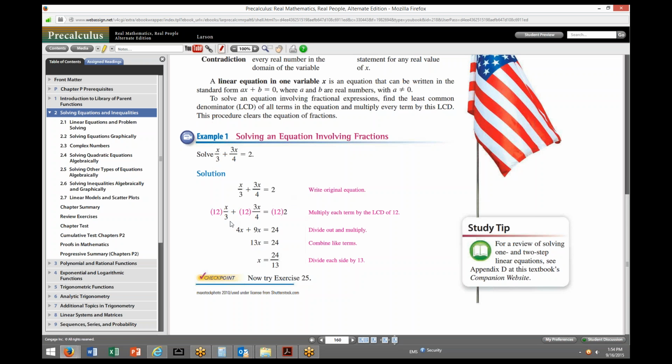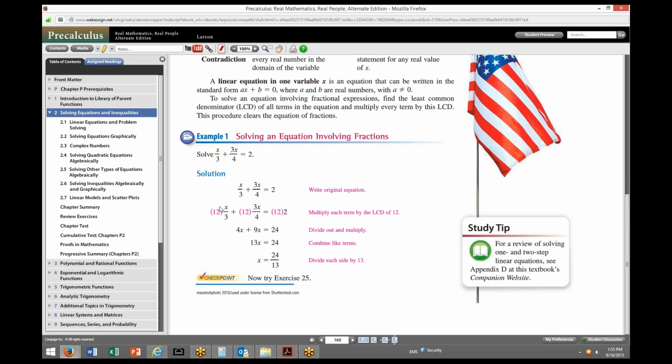Now here is the nice part. Since we're multiplying every term by the common denominator, that means all the denominators are factors of the common denominator, 12 in this case. So the 12 and the 3 reduce in just such a nice way that the 3 is canceled out, becomes a 1.